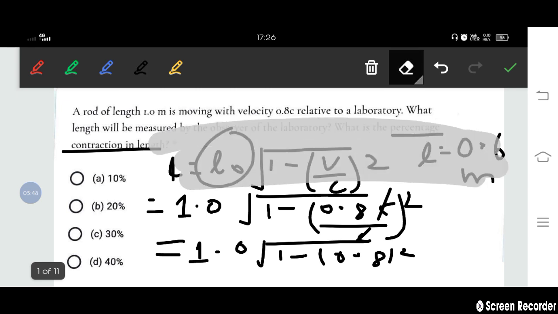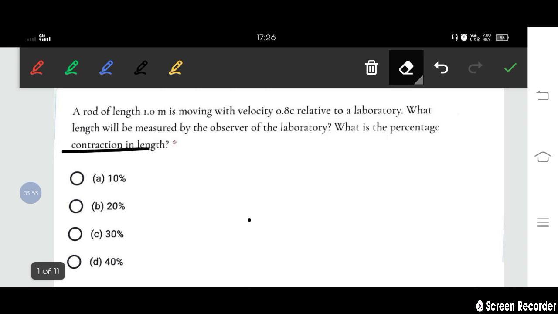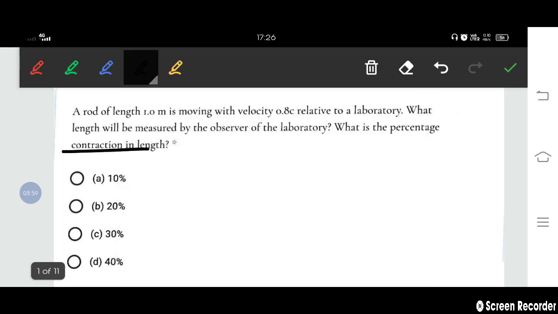Now we will find the percentage contraction in the length. So here percentage contraction in length is given as (L0 minus L) upon L0 into 100, right?